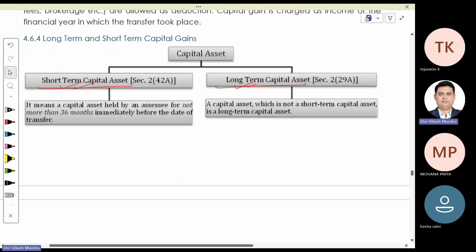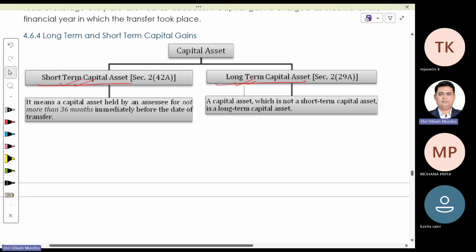The period of holding means, say jewelry. I purchased particular jewelry, say on 1st October 2019, and I'm selling this jewelry as on today. Say today is 30th October 2024.